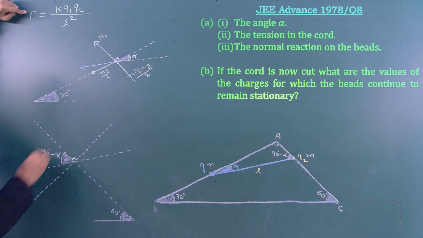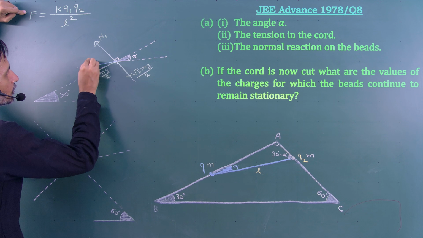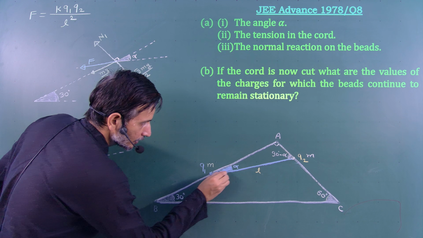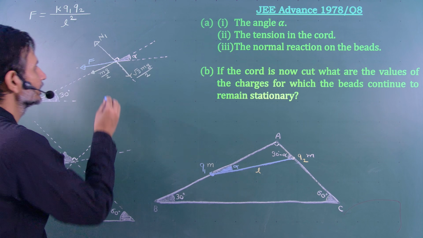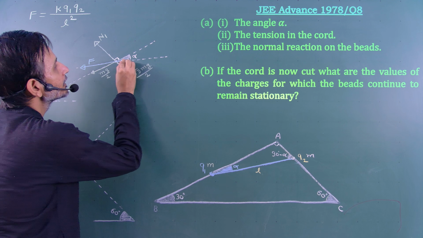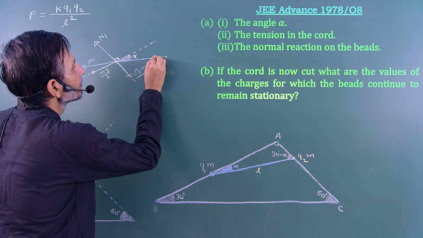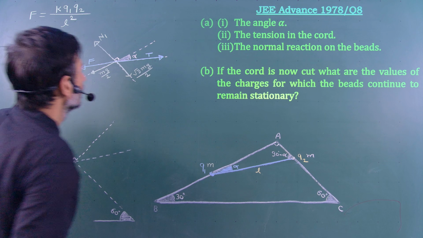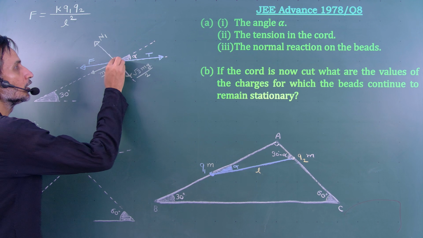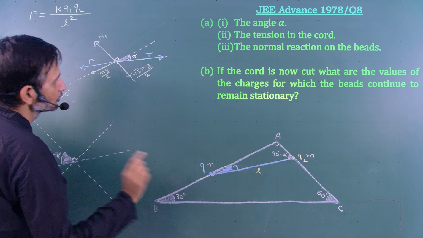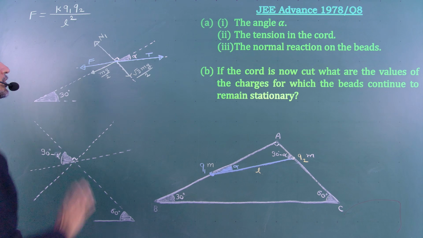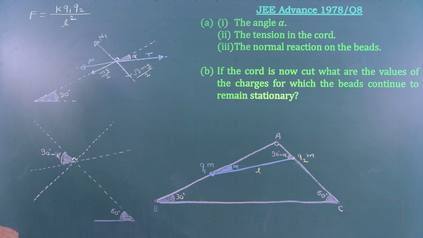We assume that its value is F. The tension force will act towards the cord, so the tension force will act in this direction. Now we have represented all the forces on charge Q1, so the sum of all these forces must be 0.